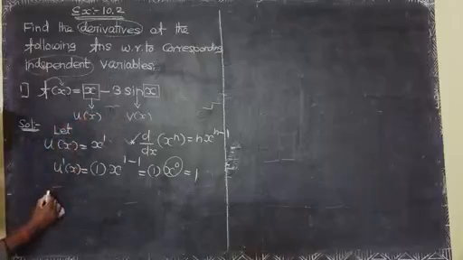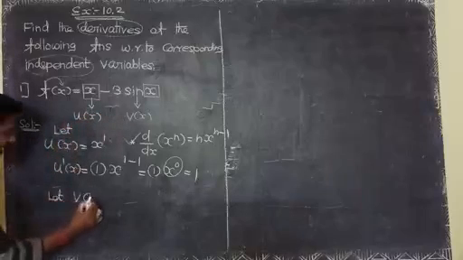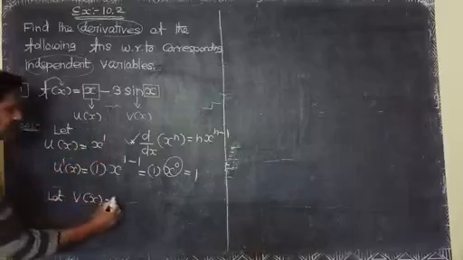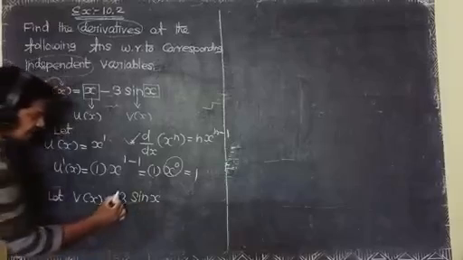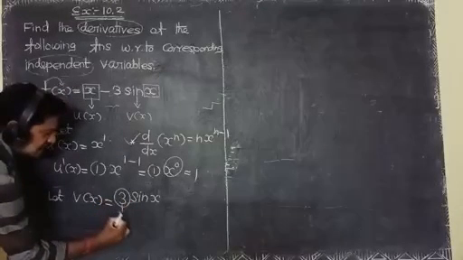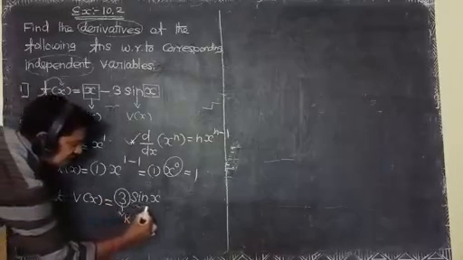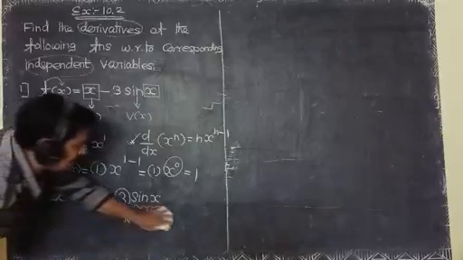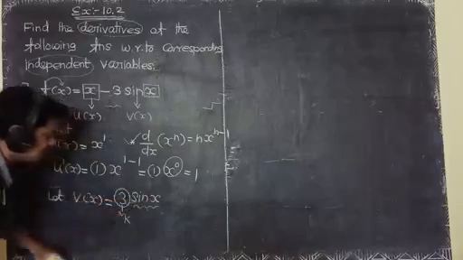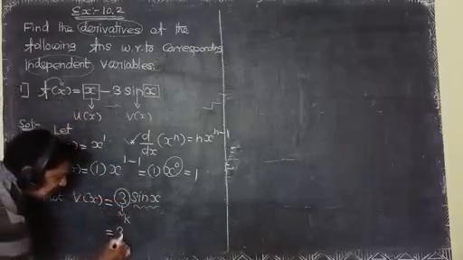Next, let v of x equal to 3 into sin x. Here 3 is the constant and sin x is the function.